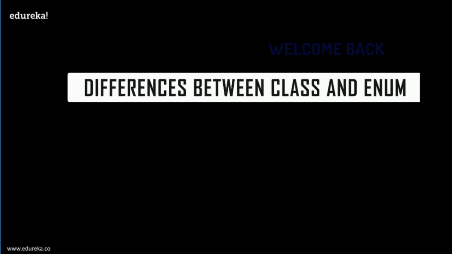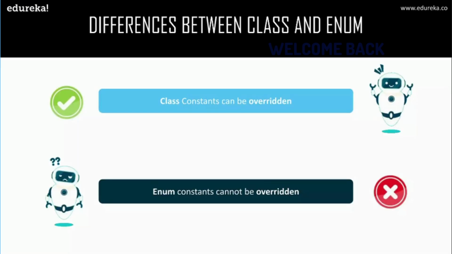But there are differences between classes and enum. Now let us see the differences between class and enum. Class constants can be overridden, enum constants cannot be overridden.